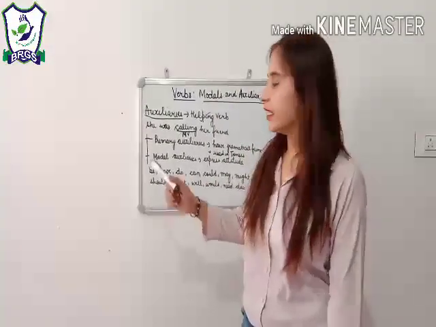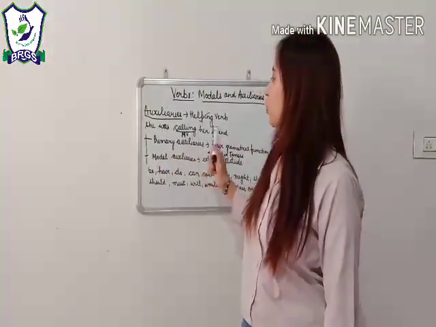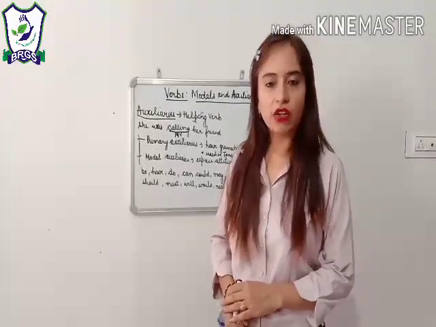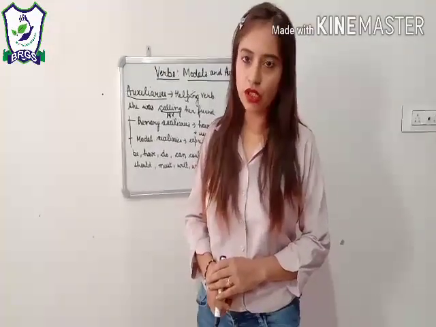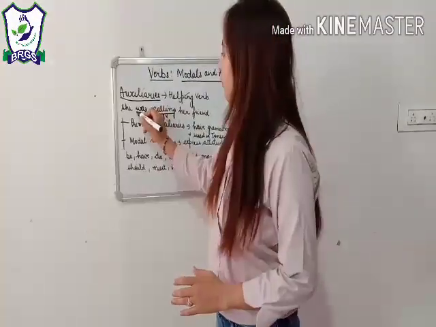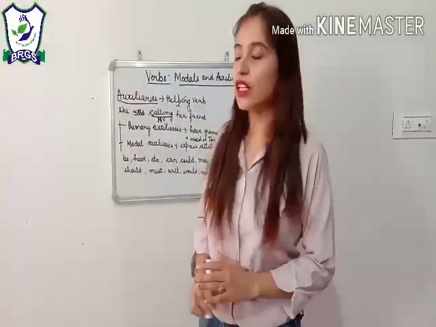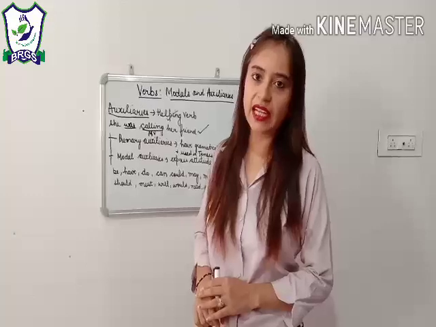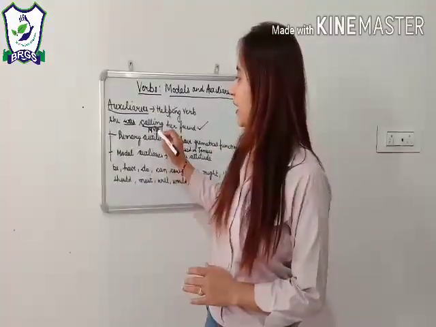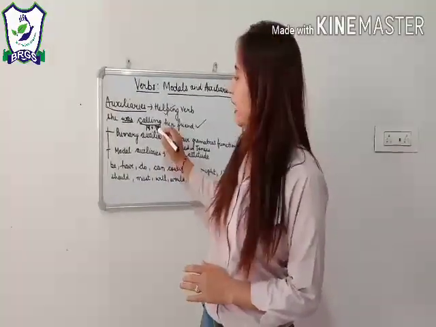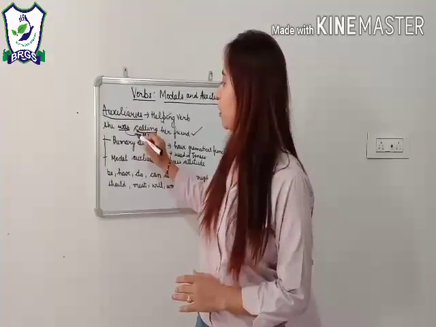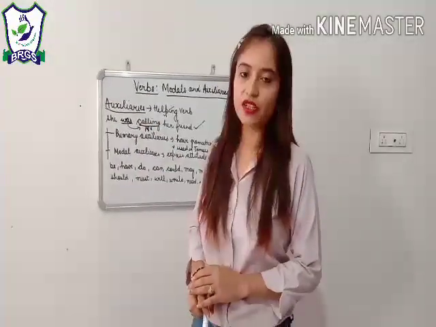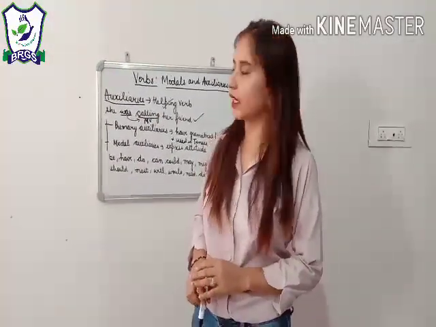Now we read the sentence: She was calling her friend. Now this sentence seems complete, no? So this helping verb is necessary to make a sentence complete in its meaning and in its sense. And as I told you, it is helping the main verb to complete the sentence or to complete the meaning.